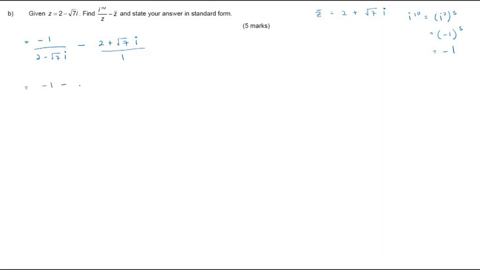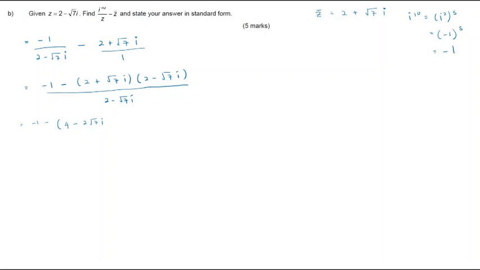Negative 1 minus square root 7i multiplied by negative square root 7i, over negative square root 7i. 2 multiplied by 2 is 4. 2 multiplied by negative square root 7i is negative 2 square root 7i.